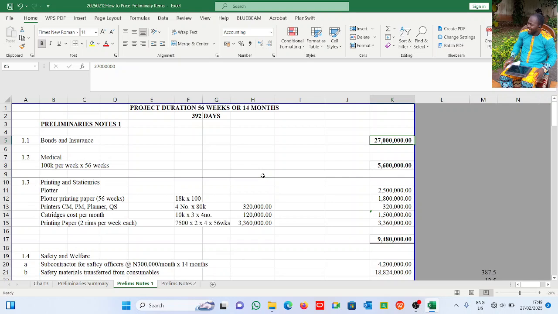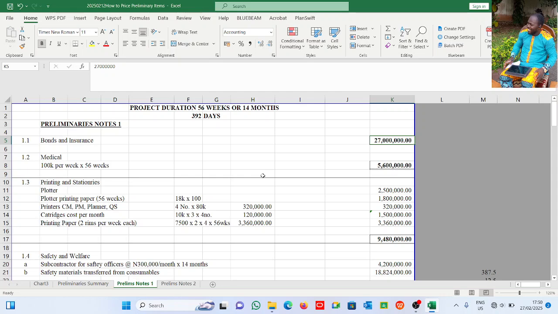Now we know that insurance basically is a contract between an individual or a company, now B2CL, with an insurance company, where B2CL pays a premium to the insurance company, which agrees to provide B2CL with financial protection against specific risks or losses.